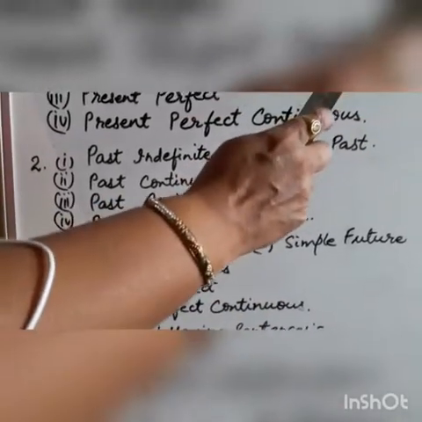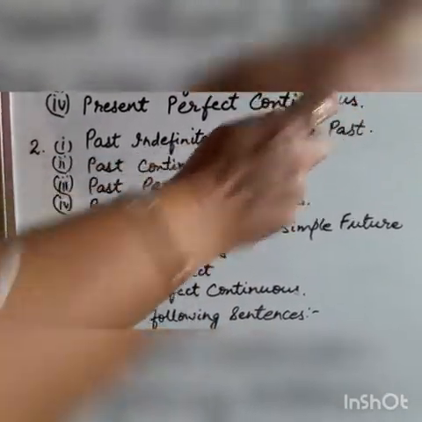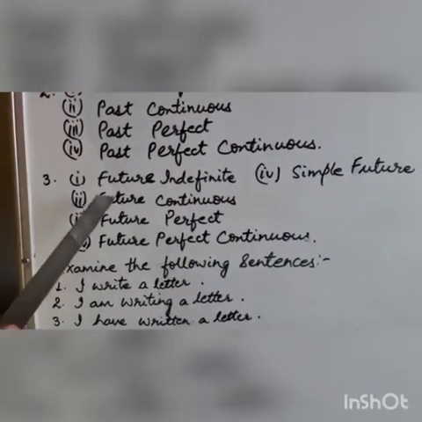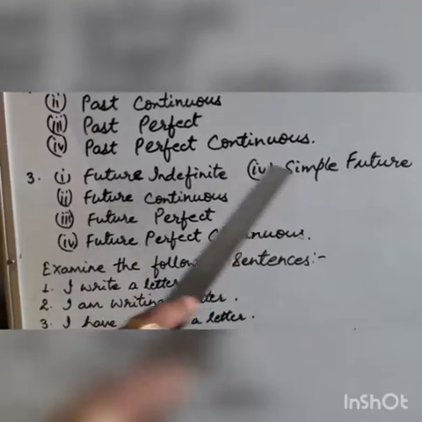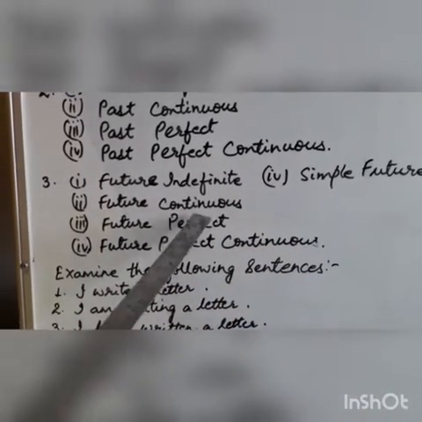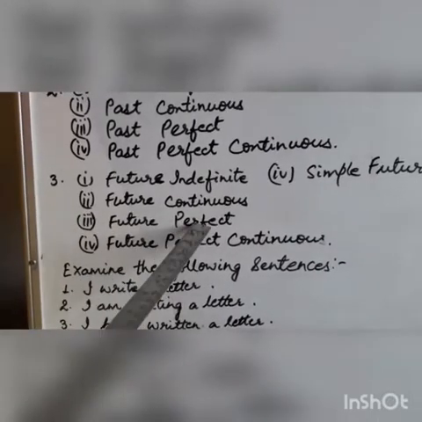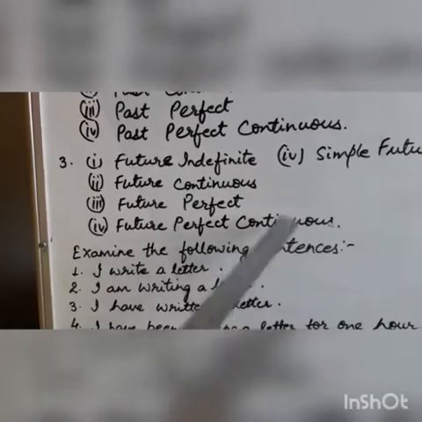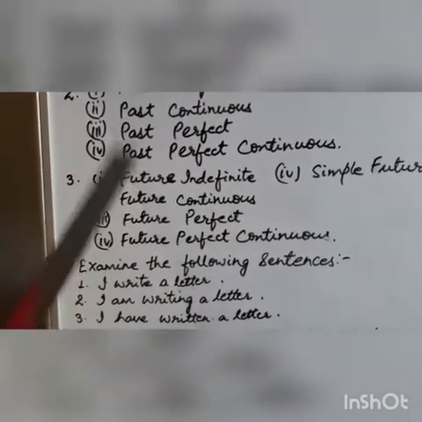Then third tense, future tense, is also again divided into four different forms: future indefinite or simple future, then future continuous, future perfect and future perfect continuous. Now these are the three main kinds of tenses.